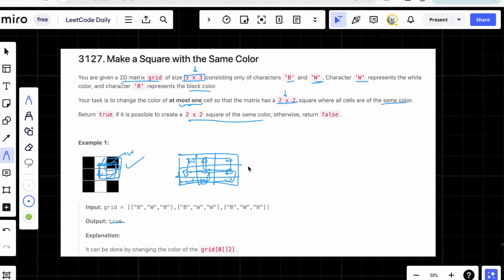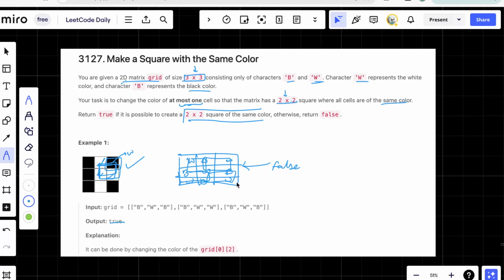Which means that for this particular test case, there is no possibility, we cannot locate any 2 cross 2 square where we only have to change one cell to get the whole 2 cross 2 square of the same color. So that means for this case, we will have to return false, right? So now I hope the question is clear.